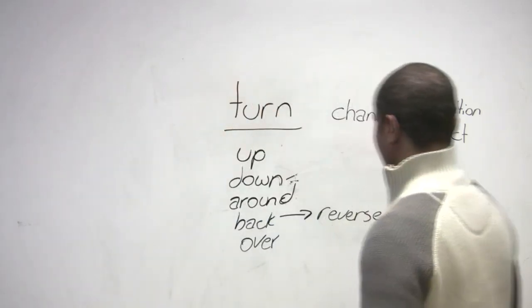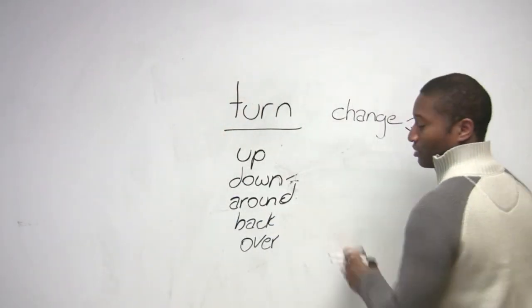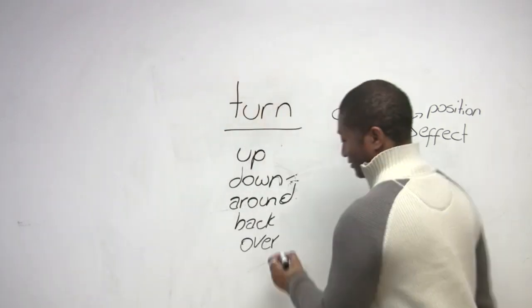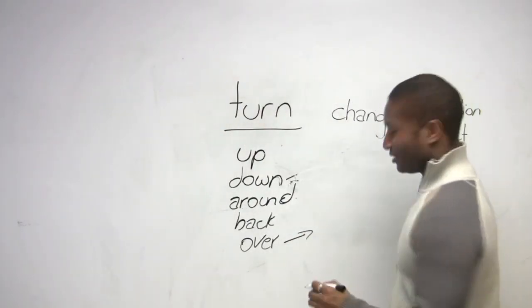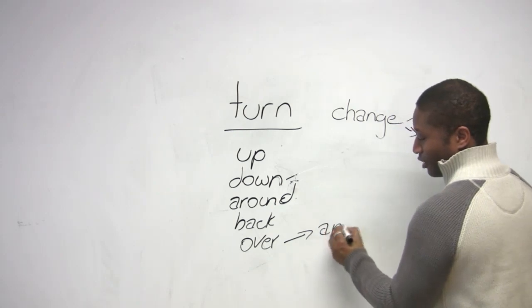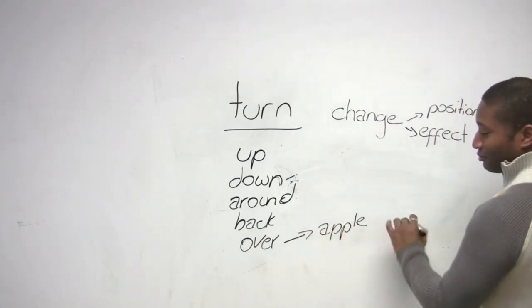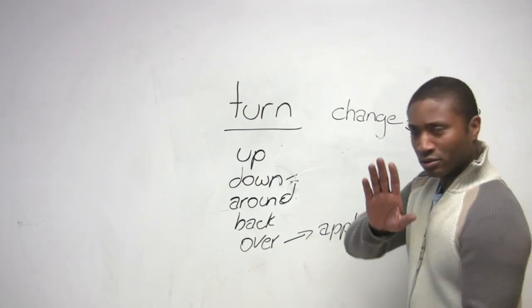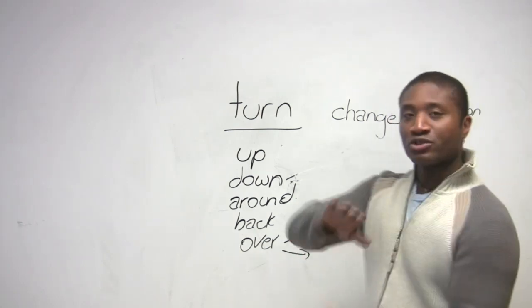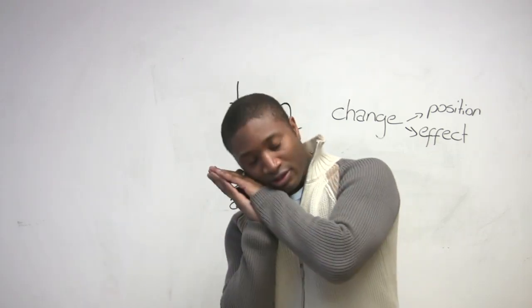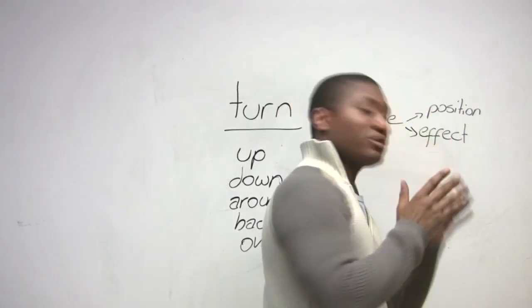Now how about turn over? Turn over. Well, when I was a little kid, McDonald's had apple turnovers. They were really good. Food, apple. I'm hungry. Can you tell? Apple turnover. It was food. Dessert. That's not important. Turnover means to change from one side to literally flip it over. When you sleep at night, you might turn over to the other side, right?